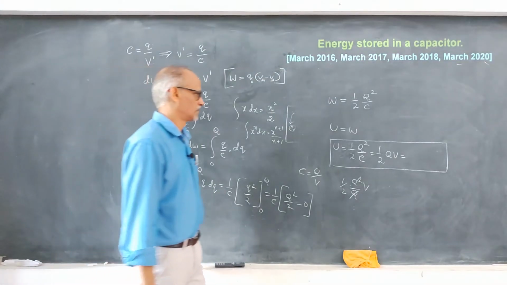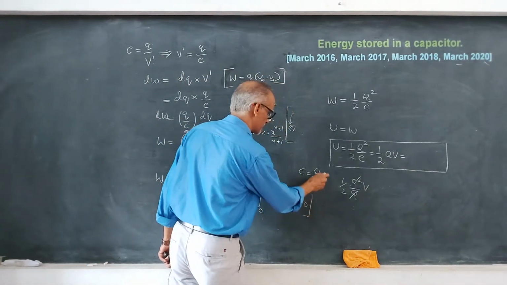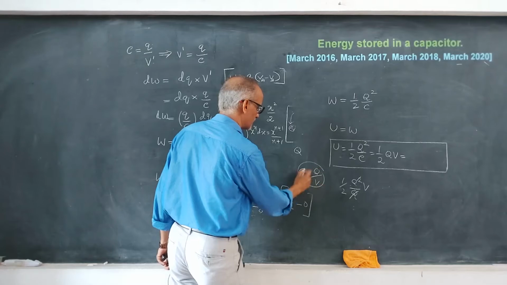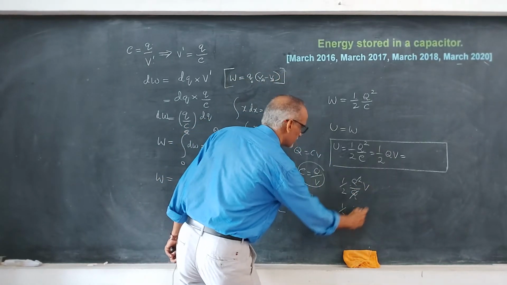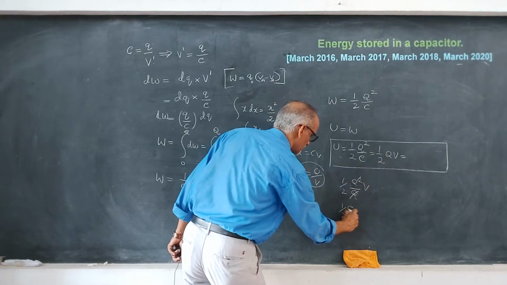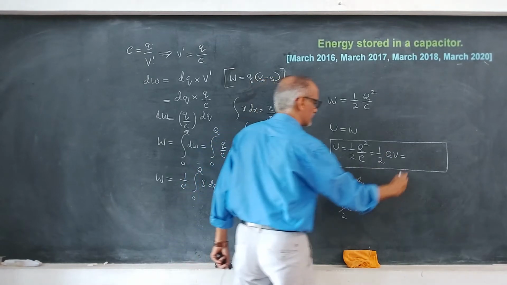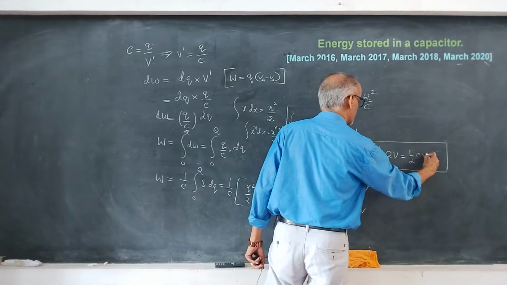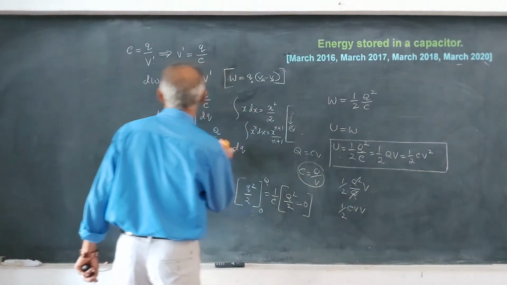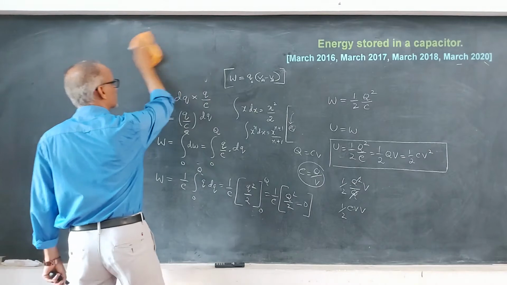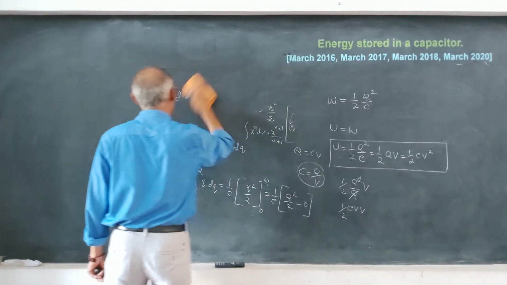Next we get one more form from Q equal to CV, so that you can replace here. It is half, Q is nothing but CV, CV into V. So we get half CV square.